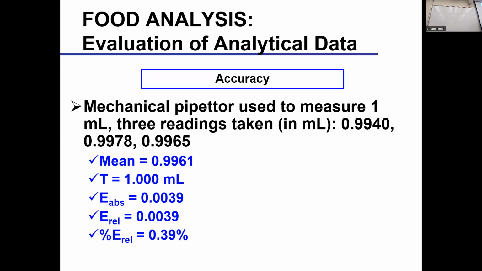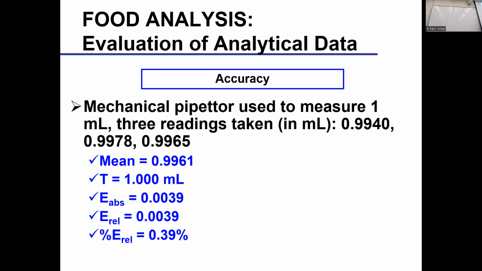And then you would get the calculated mean in milliliters. Don't forget to use the unit on your sheet. And then the difference, although it's a negative value, you just report the absolute value.